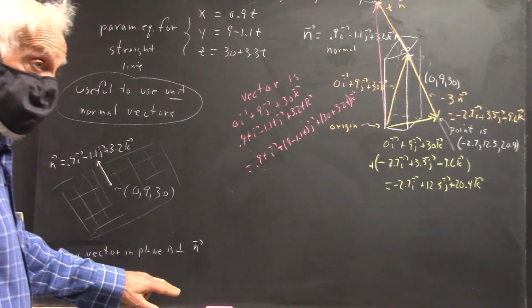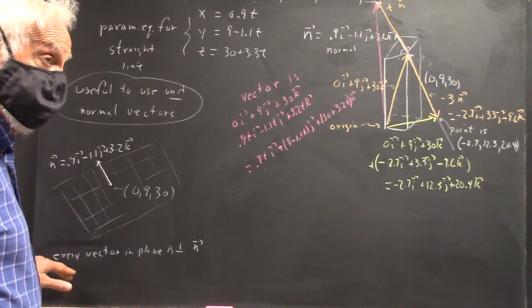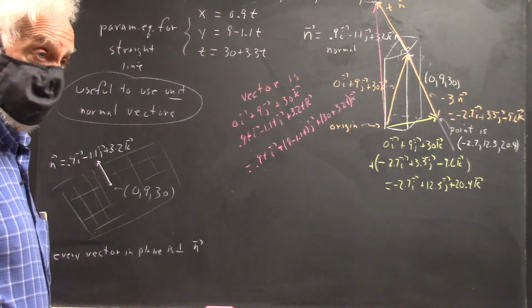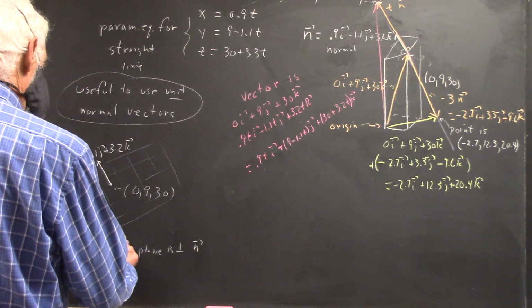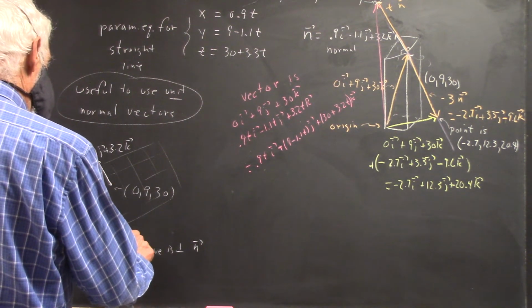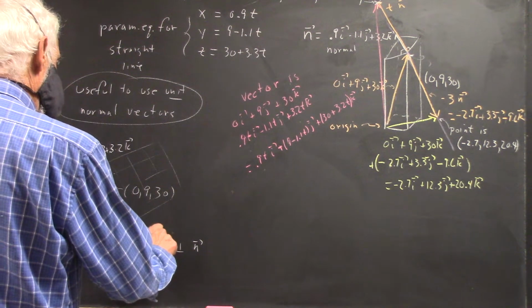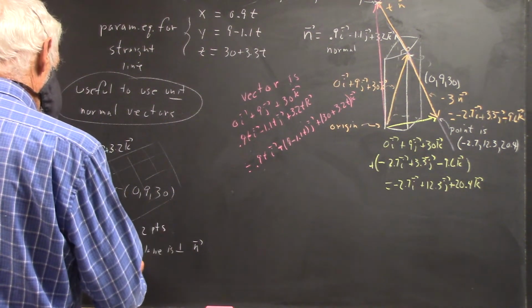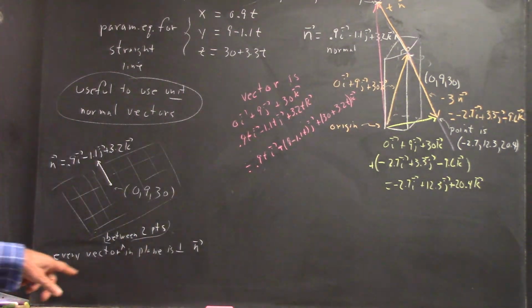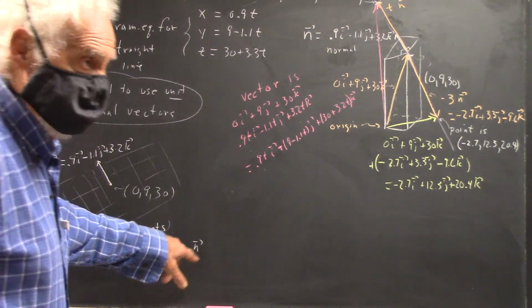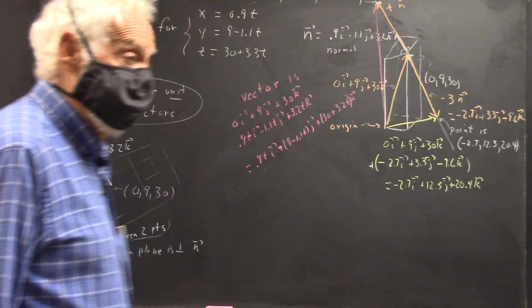You know what I mean, but it's not well stated, because a vector can't be in a plane. Every vector between 2 points in the plane is perpendicular to the normal vector.